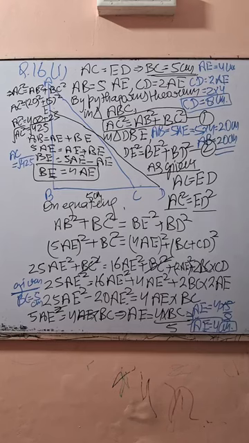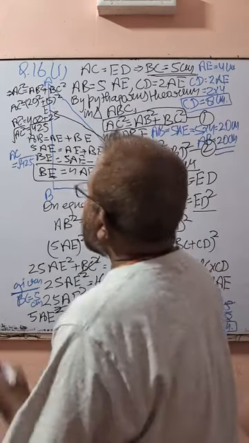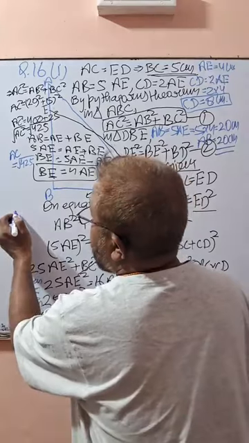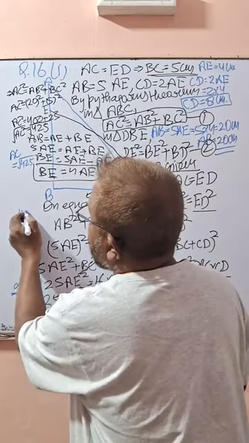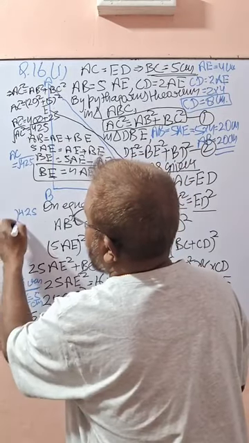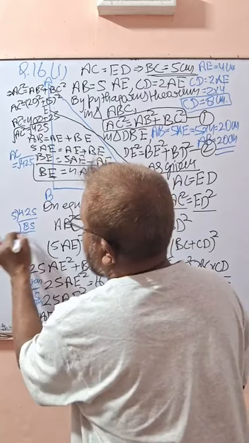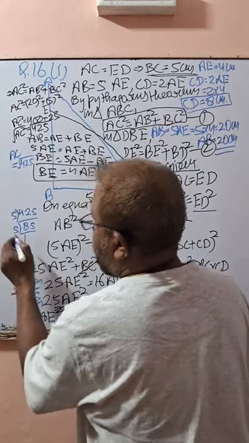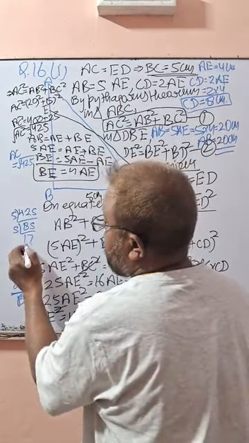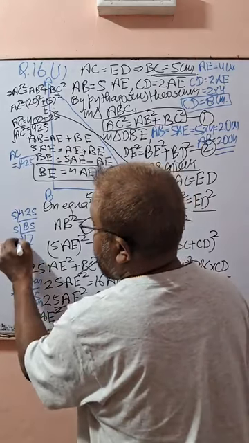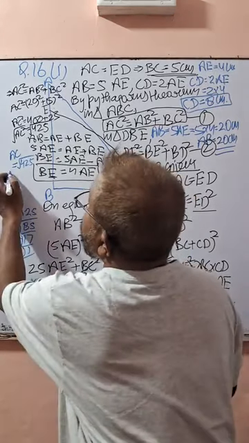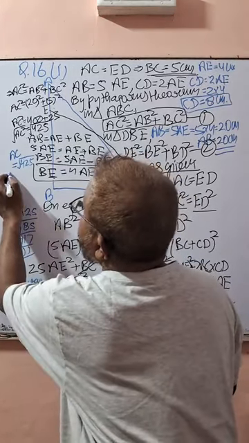If we take the prime factors, 425 is 5 times 85, then 5 times 17.